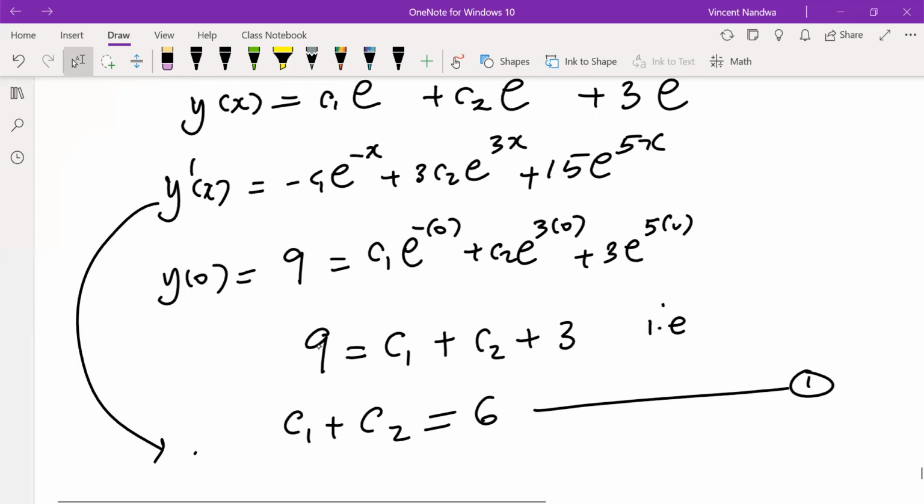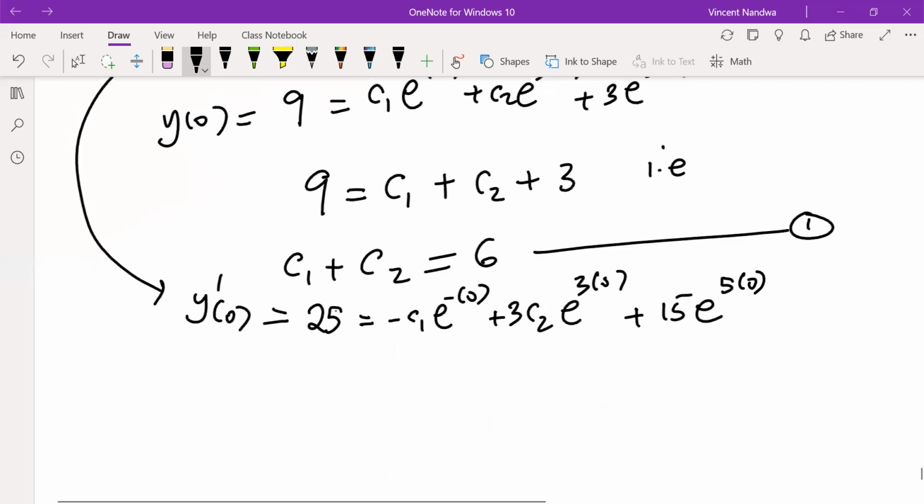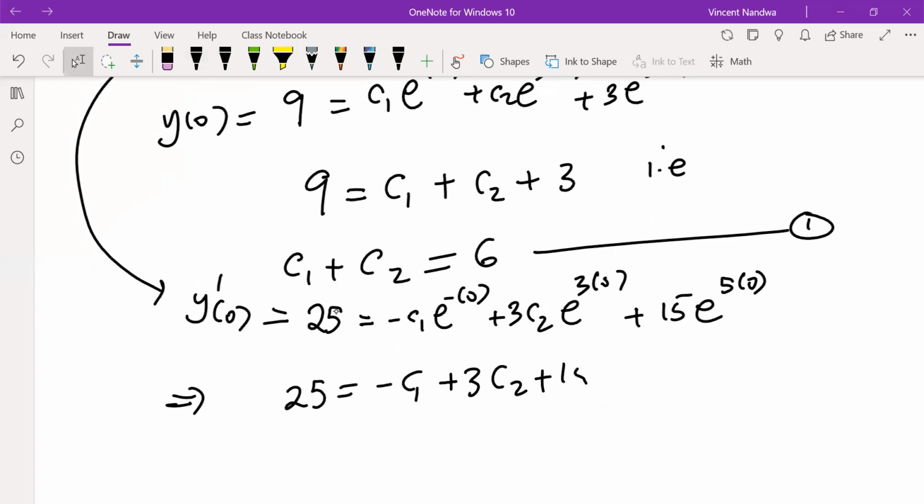Now from y prime at 0, which is given as 25, we have negative c1 e raised power negative 0 plus 3c2 e raised power 3 times 0 plus 15 e raised power 5 times 0, which implies 25 equals negative c1 plus 3c2 plus 15, which means minus c1 plus 3c2 equals 10. Call this one equation 2.